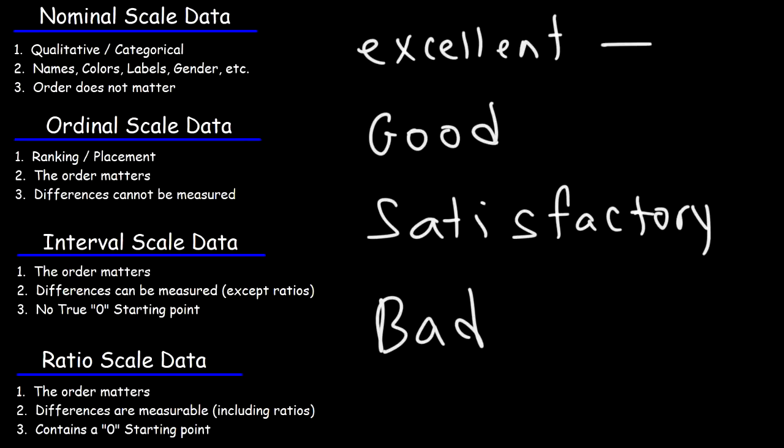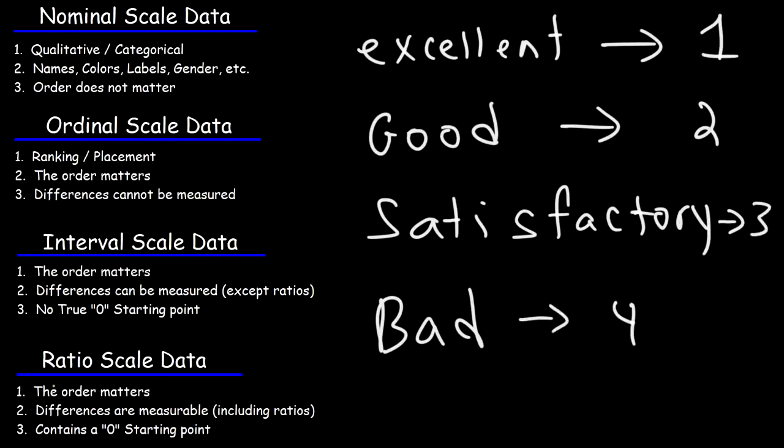We can give excellent a value of 1, good a value of 2, satisfactory a value of 3, and bad a value of 4. So here, the order makes sense. Excellent is the best, so number 1 has the highest value. Bad is the worst, so number 4 has the least value. But we can't really measure the difference between excellent and good versus good and satisfactory. We just know good is better than satisfactory and excellent is better than good. But to measure the difference, that's not really possible in this case. So this would fall under ordinal scale data.